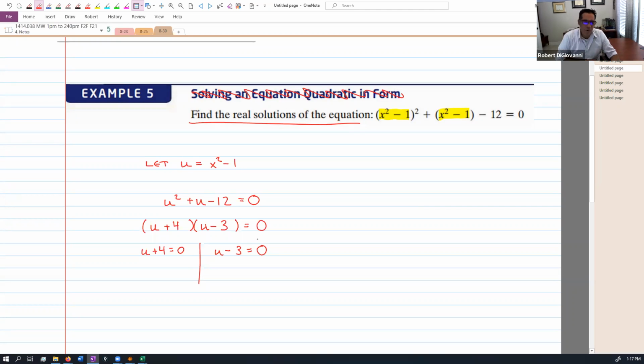Does anyone know why we always set these equal to 0? I kind of just glossed over that. I never even really talked about why it is that you can set each of those things to 0. Because if you set them to 0, when you multiply them by the other equation, the answer will always be 0.